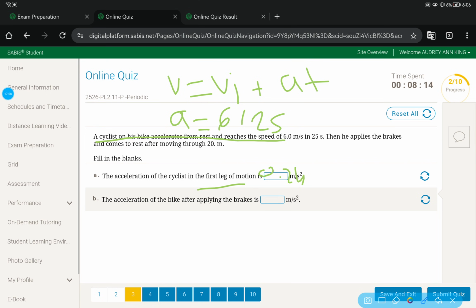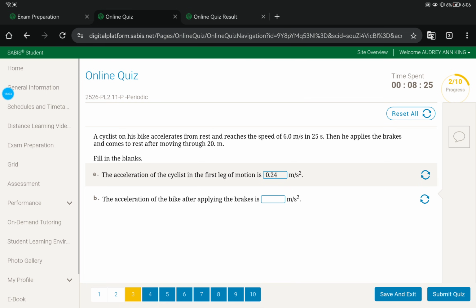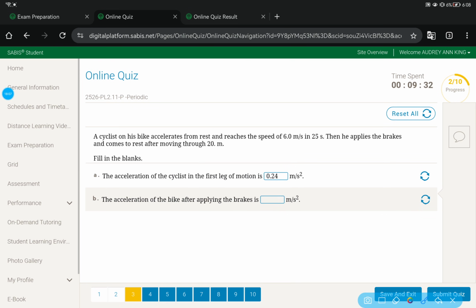So the acceleration of the bike after applying the brakes is blank meters per second squared. Okay, so for the second part, we have to use the formula velocity squared equals initial velocity squared plus 2 times displacement times acceleration.